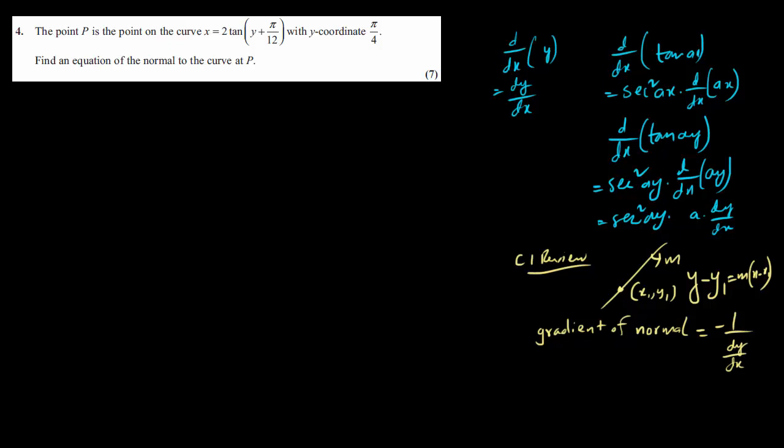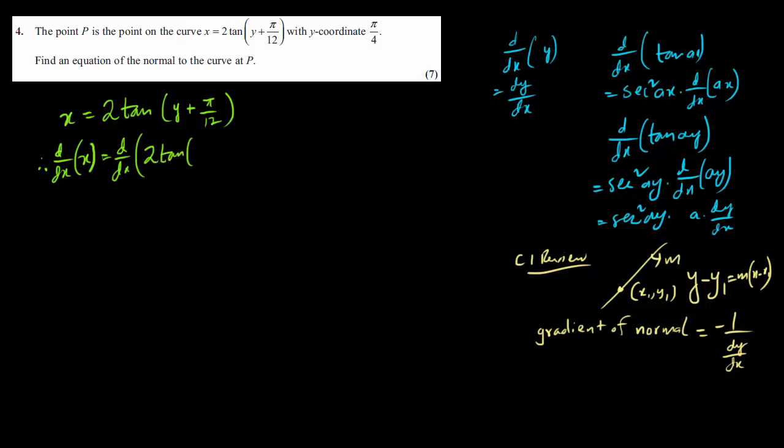So let's start with this. First of all, we have x equals 2 tan. Let me call this entire mess of an angle theta. So 2 tan theta, where theta is y plus pi by 12. If we differentiate both sides, it would be d by dx of x on this side and d by dx of 2 tan theta on the other side.